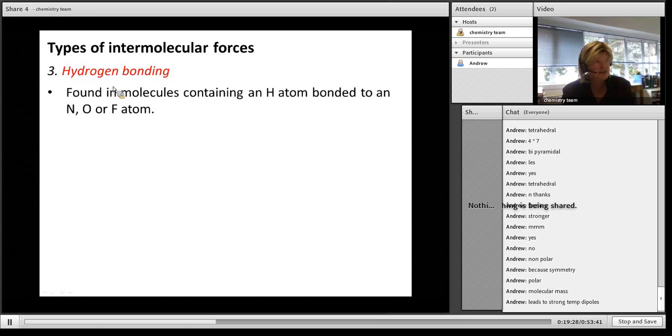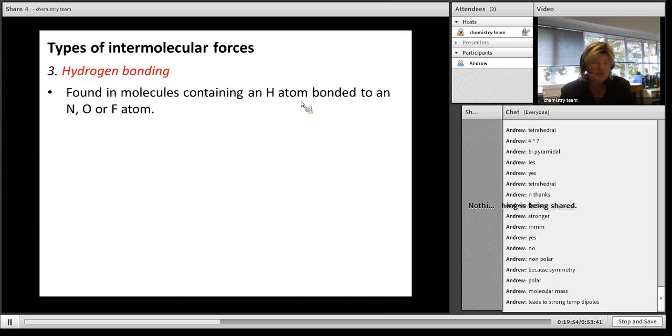we get this case of hydrogen bonding. Now, it'll only happen in specific circumstances, and you've got to be really particular in how you write this, because to have hydrogen bonds, the molecule must have a hydrogen atom covalently bonded to a nitrogen, an oxygen, or a fluorine.